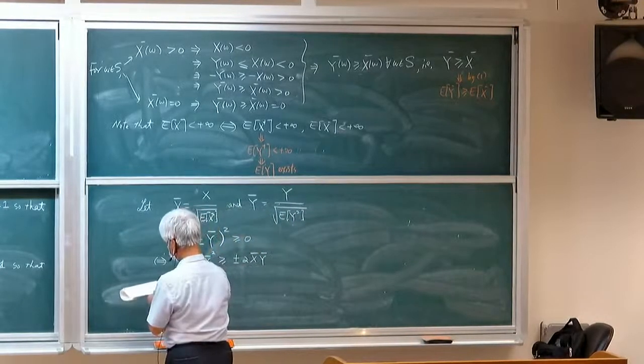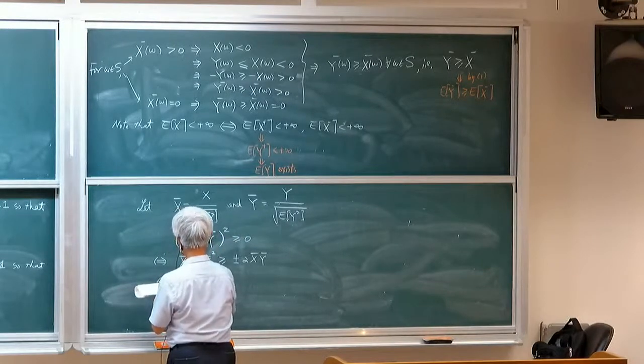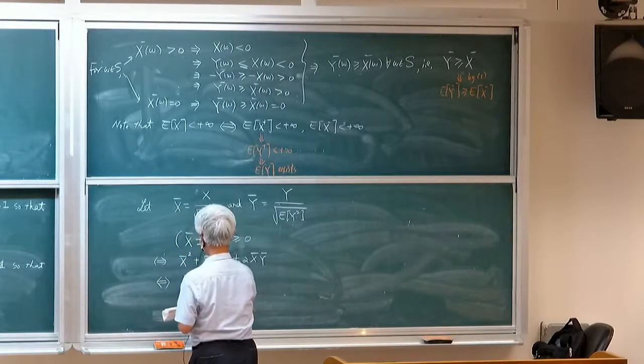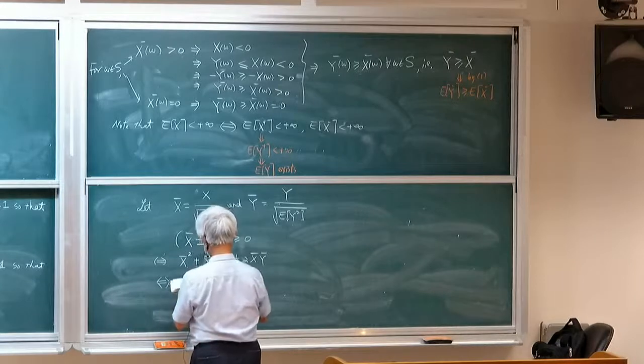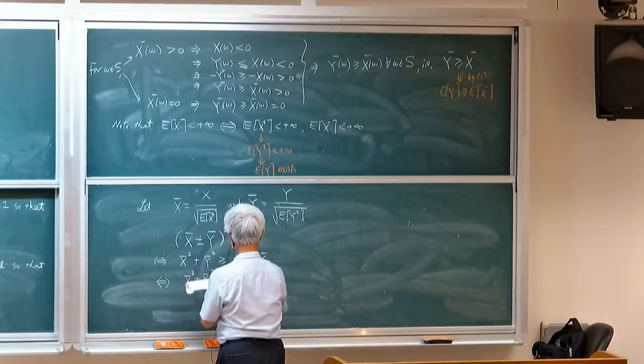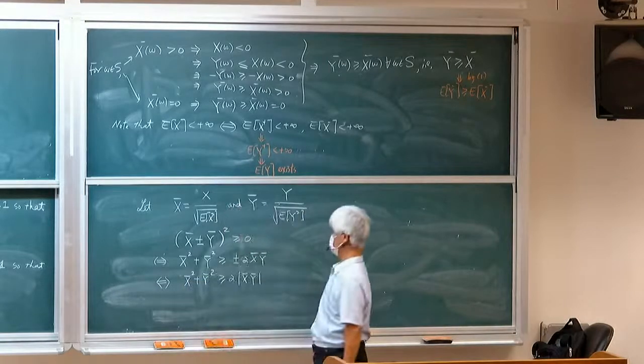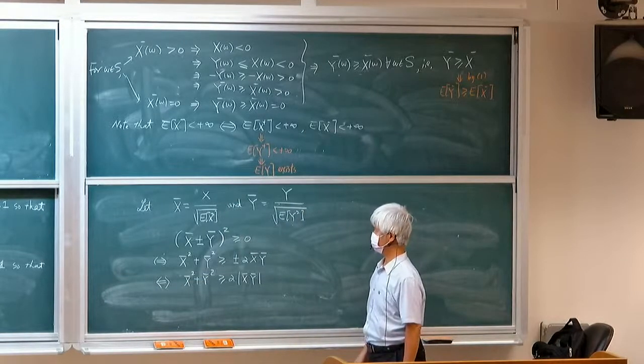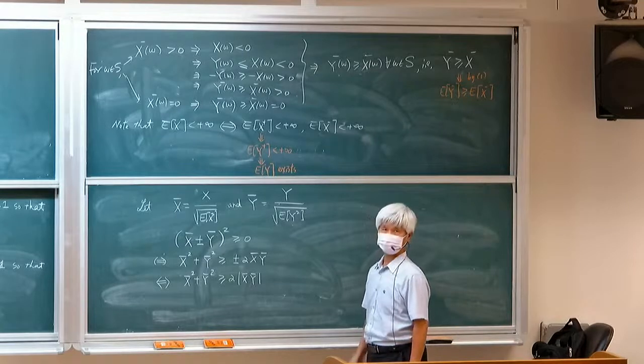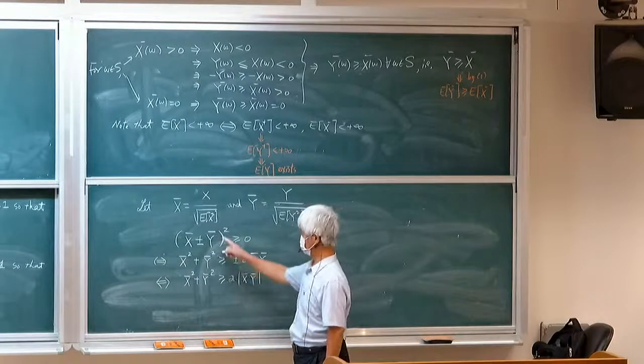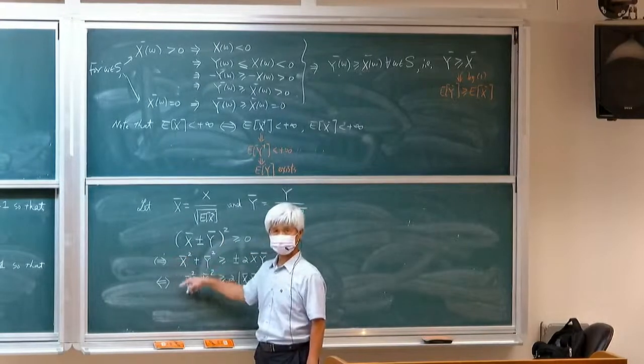So this means that x bar square plus y bar square is greater than or equal to 2 times the absolute value of x bar and y bar.